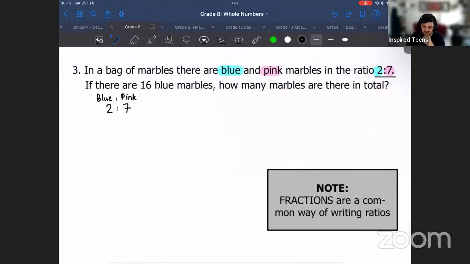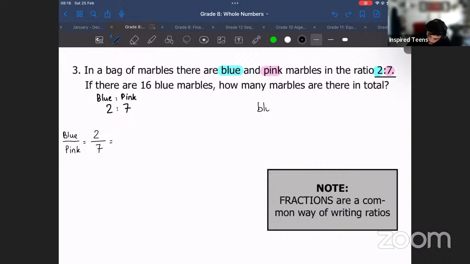So in this case, we'll go back to the previous example. I'm going to express it as fractions because I have an unknown. So 2/7, remember it's the ratio of blue over pink. Now, I know that there are 16 blue marbles, and they want to know how many marbles are in total.